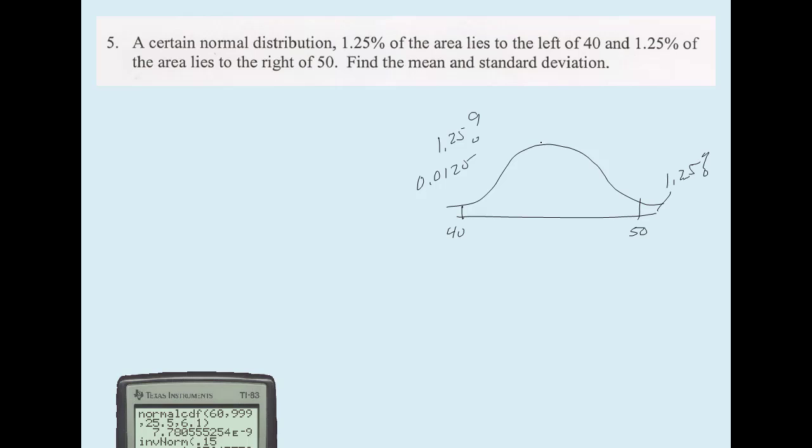Find the mean and standard deviation. Well, the mean's not too bad. The mean happens when z is 0, right? So the middle of these two guys is 45. So that's the mean. And then I don't know how many standard deviations this is. So I need to find a z-score over here.